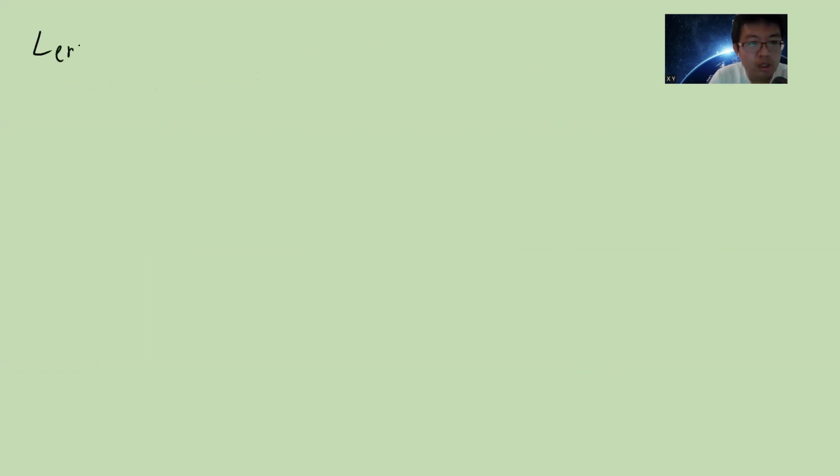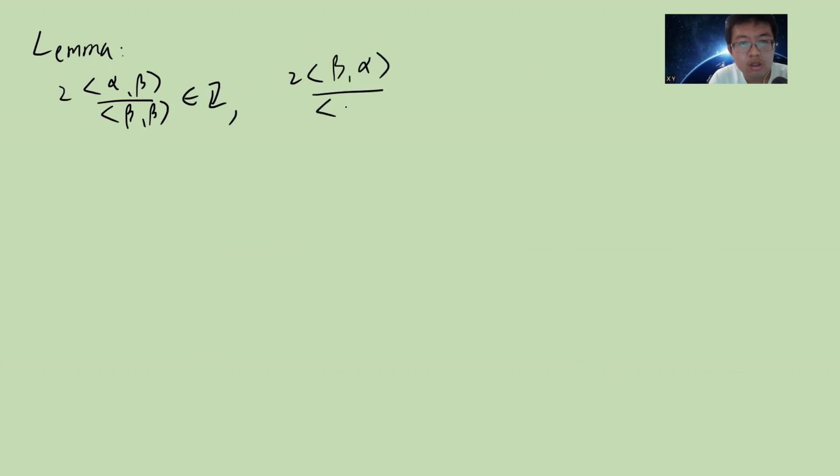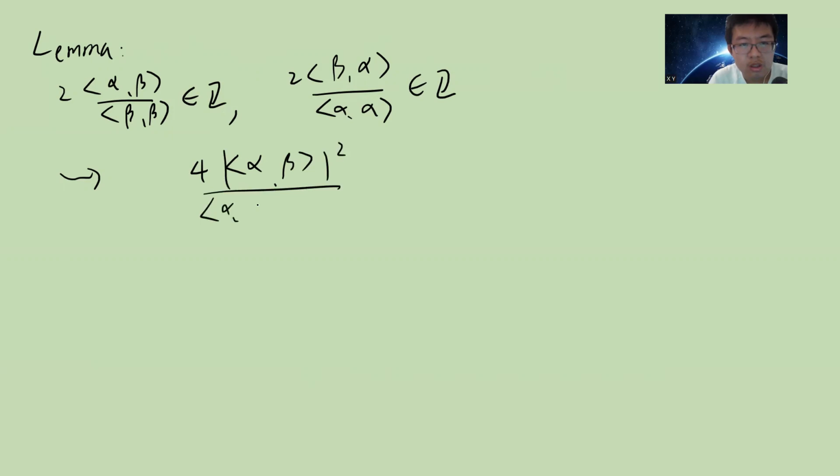First is a lemma. This lemma is very simple, because we know that this must be an integer, and this must be an integer. So we can take their product, and their product must be an integer.